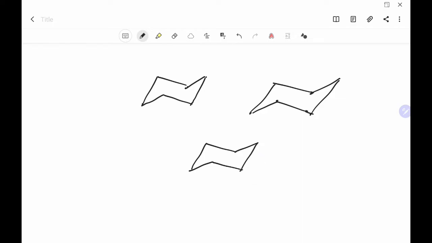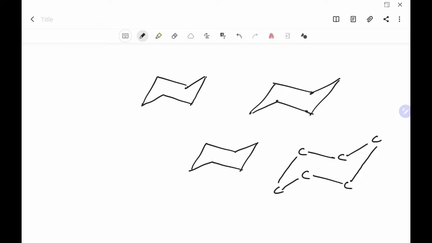Of course, this is a skeletal structure, so every end and bend is a carbon. You have a carbon here, a carbon here, a carbon here, and a carbon here, and then a carbon here and a carbon here.